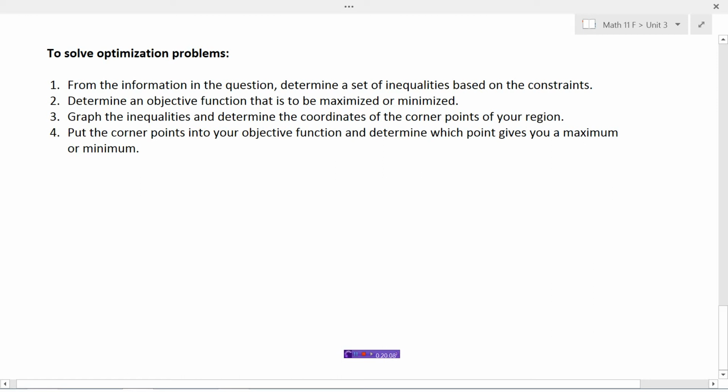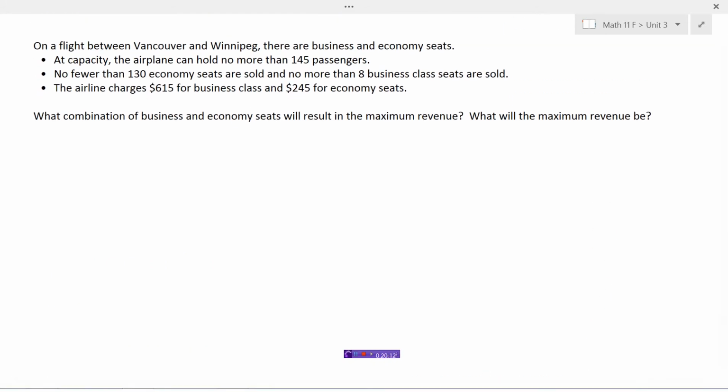So let's look at one last example here. Let's say that on a flight between Vancouver and Winnipeg, there's business seats and there's economy seats. And when the plane's full, the airplane can hold no more than 145 passengers. And here's some other constraints we have.